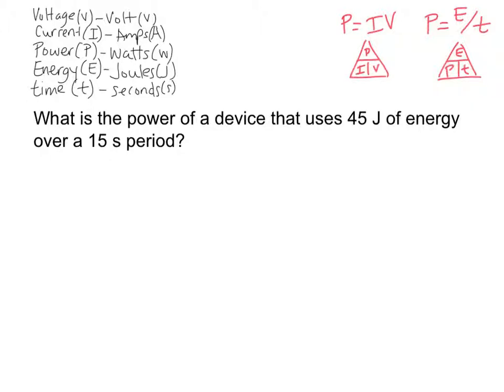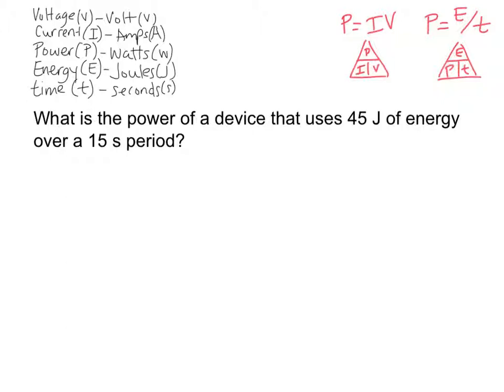Okay, let's try another problem now. What is the power of a device that uses 45 joules of energy over a 15-second period? So still a power problem, but this problem is going to have us calculating power using energy and time instead of current and voltage. So first thing always is to list our knowns and our unknowns.